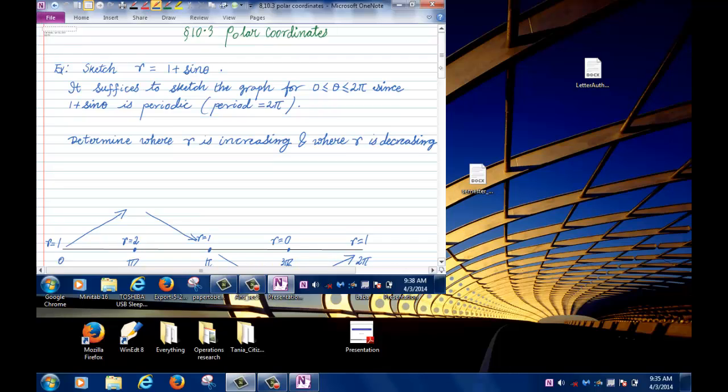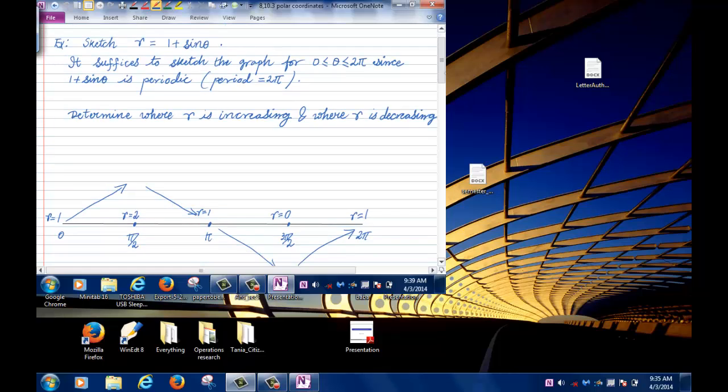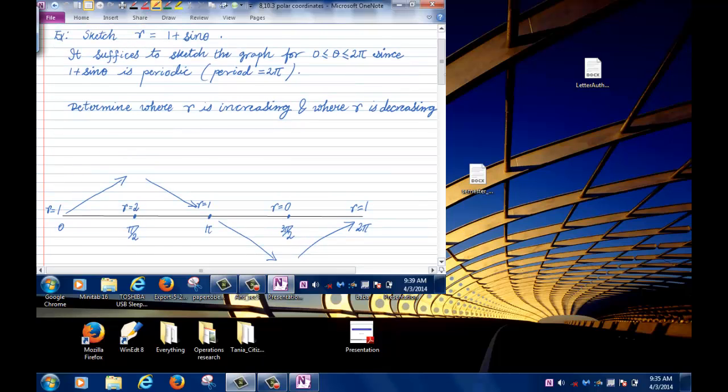You have to find the derivative, you have to find the critical points, and you have to divide the domain into subintervals, and then you determine where the derivative is positive and negative, and that tells you where the function is increasing and decreasing. However, in this case, since we know the function sine theta very well, we know where it's increasing and decreasing, so we can just directly determine where r is increasing and decreasing.